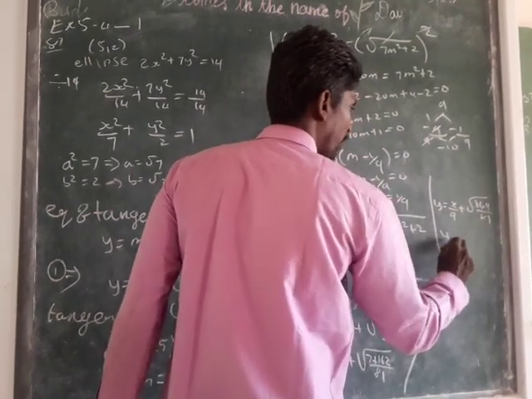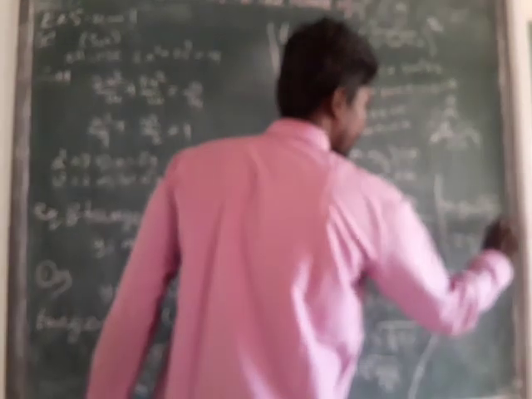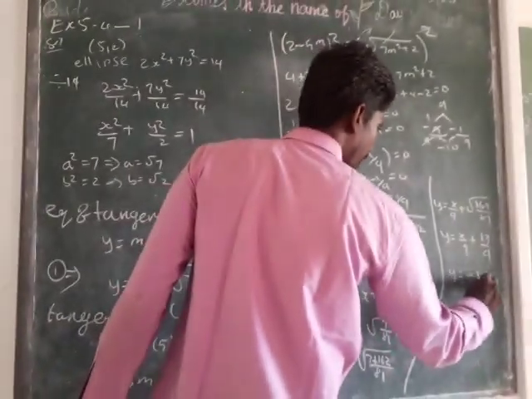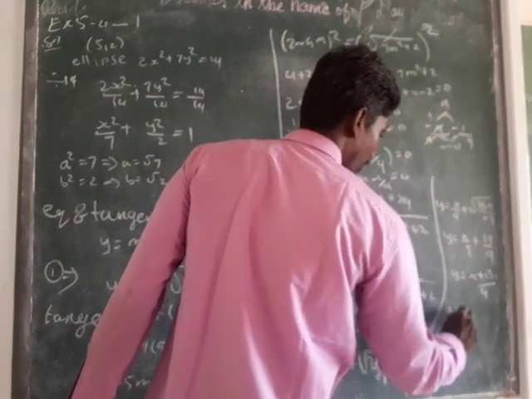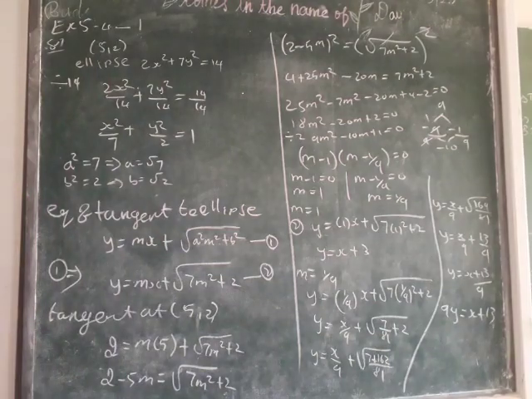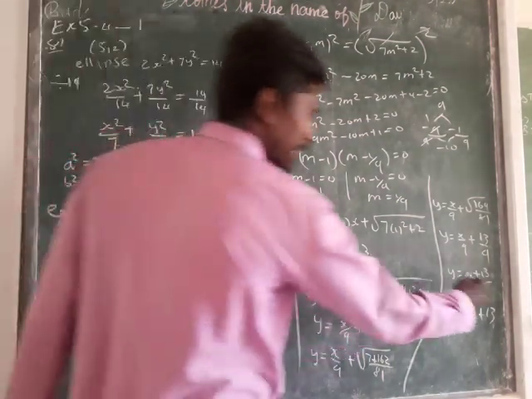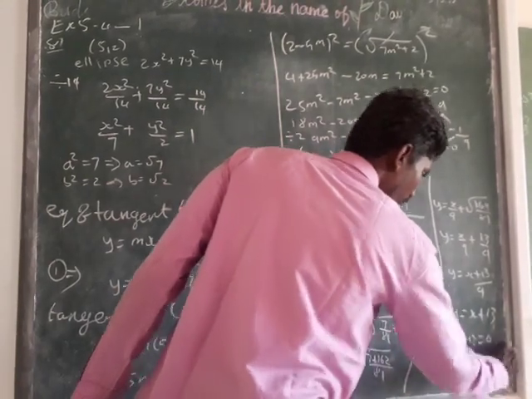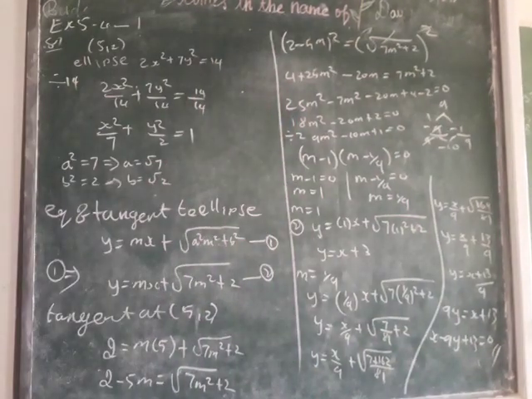Taking the square root of numerator and denominator gives 13 by 9. So y equals x by 9 plus 13 by 9, so 9y equals x plus 13. This is the second equation of the tangent. Bringing the 9y to the other side, it becomes x minus 9y plus 13 equals 0. These are the required equations of the tangents to the given ellipse.